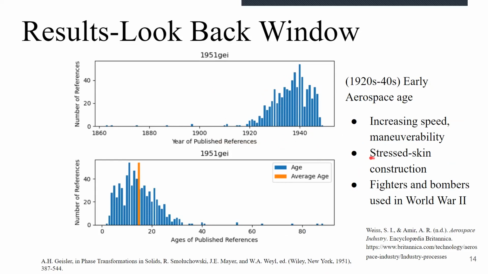This required a lot of material science. More invention was also encouraged by the government's need for fighters and bombers in World War II. As you see with the previous graph, the average age of these references is within 20 years.